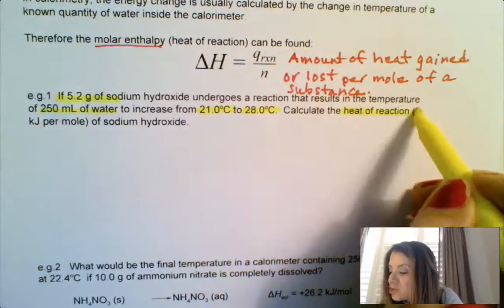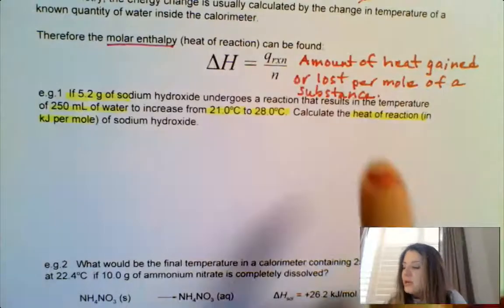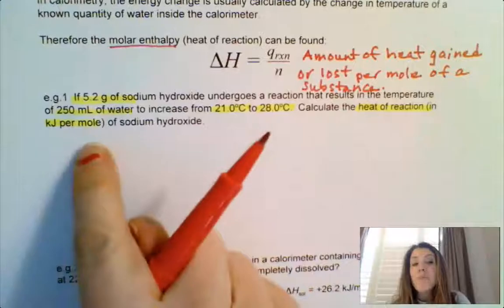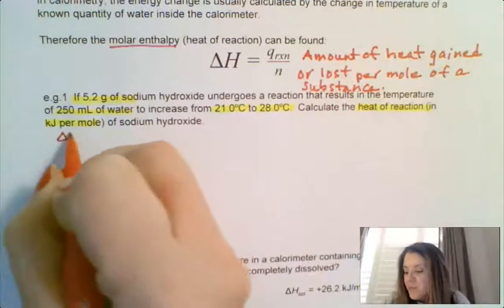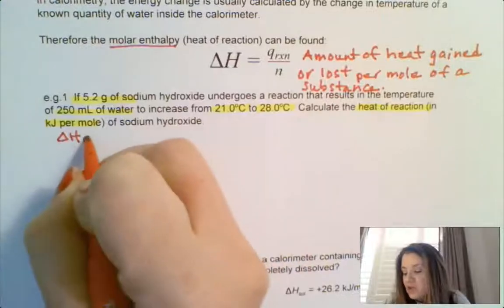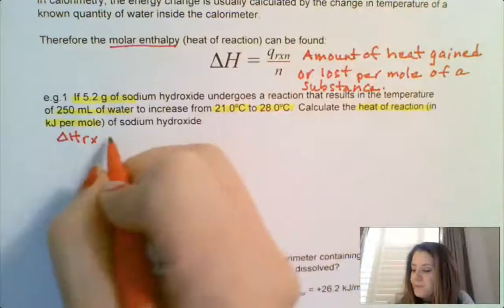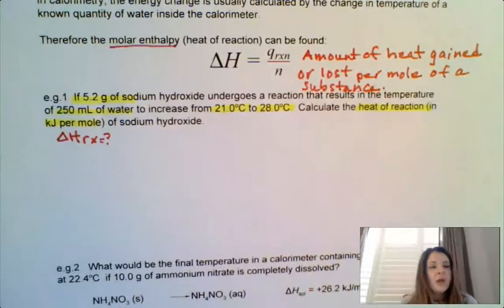Calculate heat of the reaction in kilojoules per mole. Now, when I hear the word heat, I think of Q. But because they said per mole, that means I'm really looking for delta H. So delta H of the reaction, and I use Rx, that is just short form for reaction. That is my unknown variable.